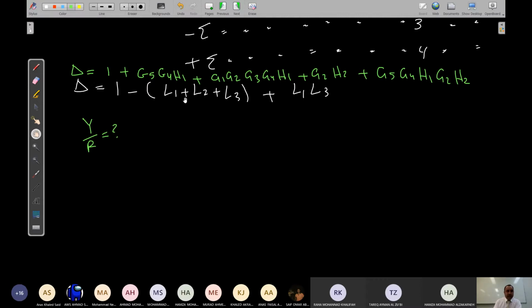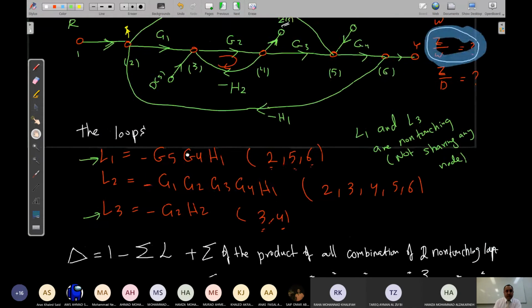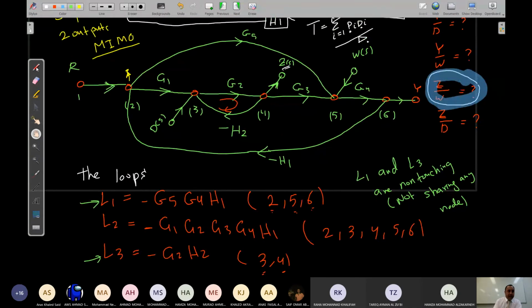I will return back to the signal flow graph. And now I need to highlight how many paths I have from R to Y. So ask yourself, if you are standing on R and you need to go toward Y, how many ways, how many paths you have? 2.